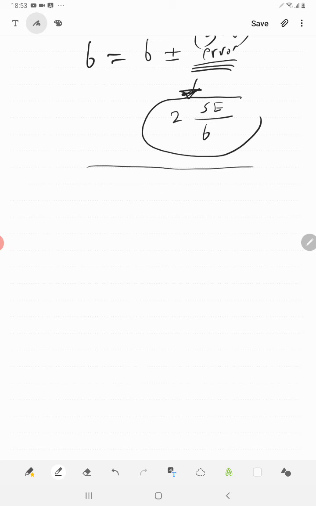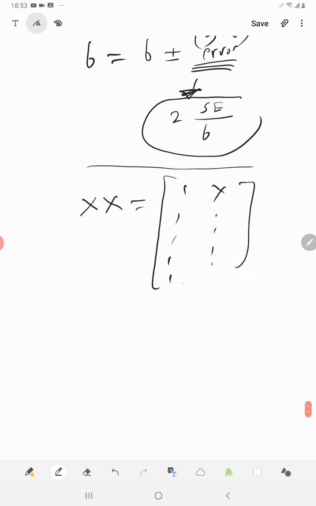Here, intercept is 1. If we have intercept equals 0, we don't have an intercept. And here, XX is equal to 1, 1, 1, and here X. So here 1, if we have intercept.